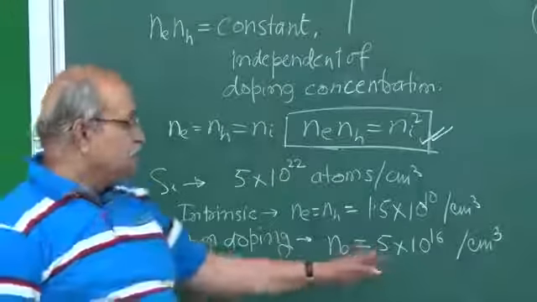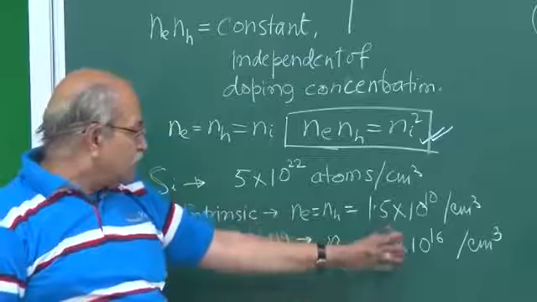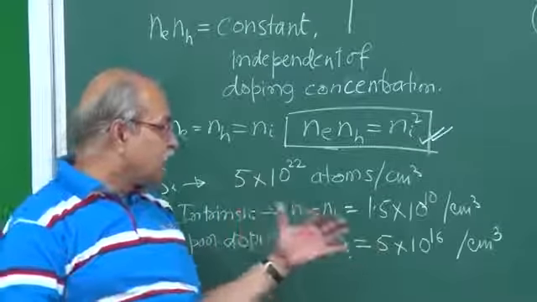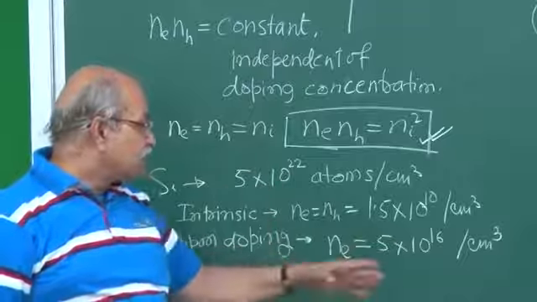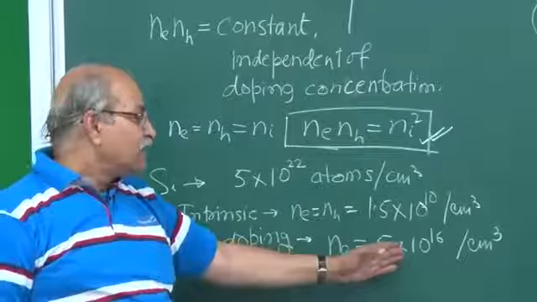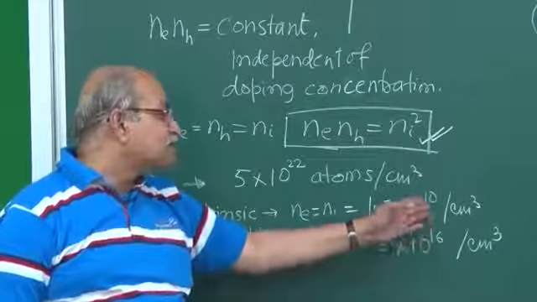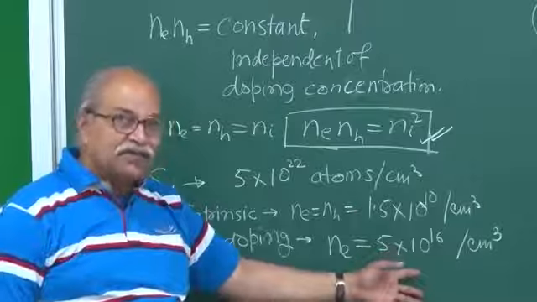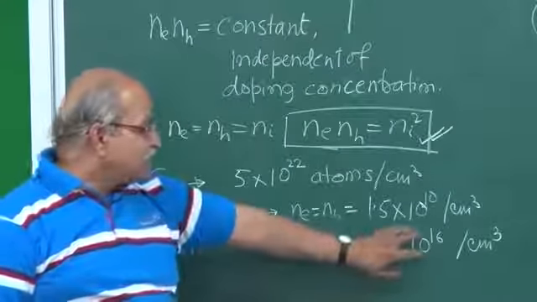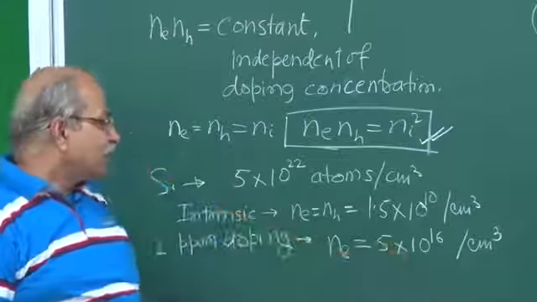You have put in these many extra electrons, in such a large number as compared to the intrinsic one. The total number of electrons per centimeter cube you may expect is this plus this. This you are putting from doping, and this was already there. But 10 to the power 16 plus 10 to the power 10 will still remain 10 to the power 16. So you can take this as the conduction electron number density after doping.